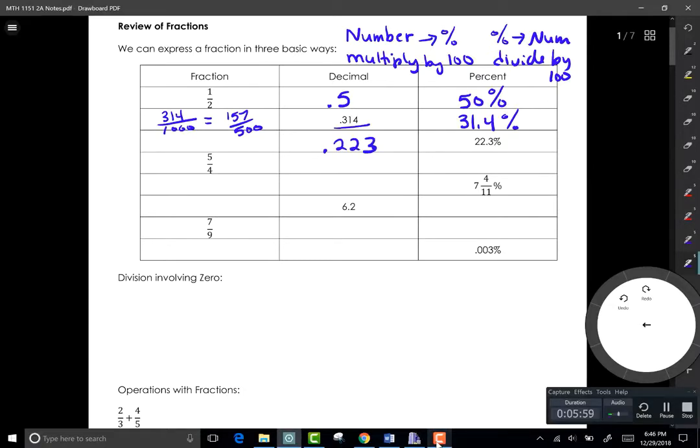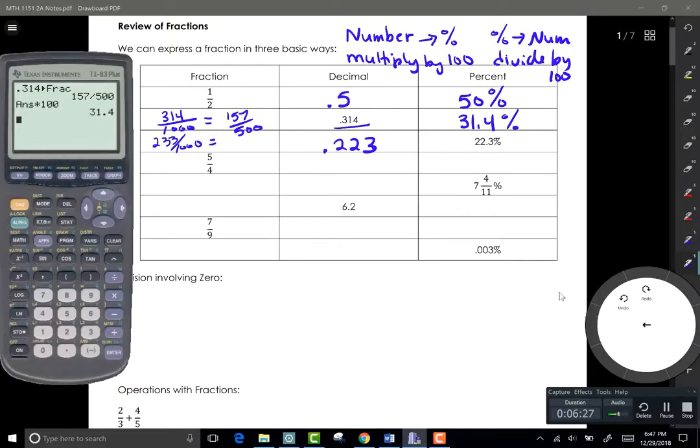Now to change it into a fraction, since I have 3 digits after my decimal place to the right, I want to do 223 over 1,000, right? A 1 with 3 zeros because there's 3 places. And then I want to reduce it. And actually this one doesn't reduce. There isn't a number that goes into 223 and 1,000.